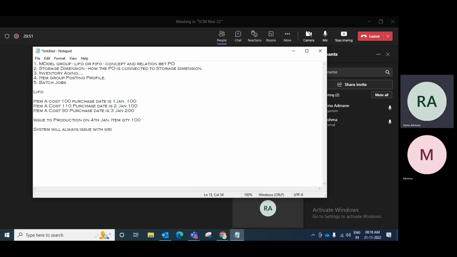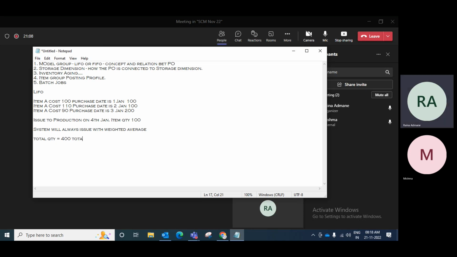Weighted average. So weighted average, how to calculate it? Total quantity is equal to 400.